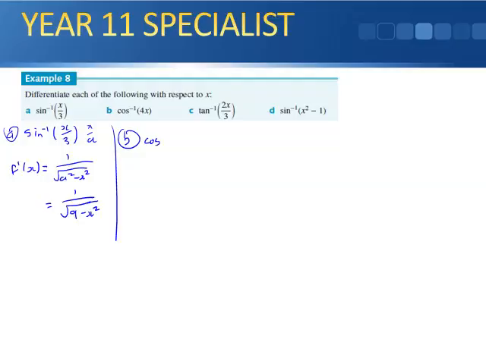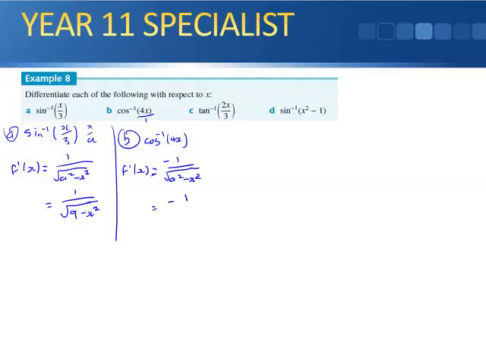Part B, cos to the negative 1 of 4x. Now you've got to realise that 4x is over 1. We'll just write my rule down. So I'm going to get negative 1 divided by the square root of a squared minus x squared.